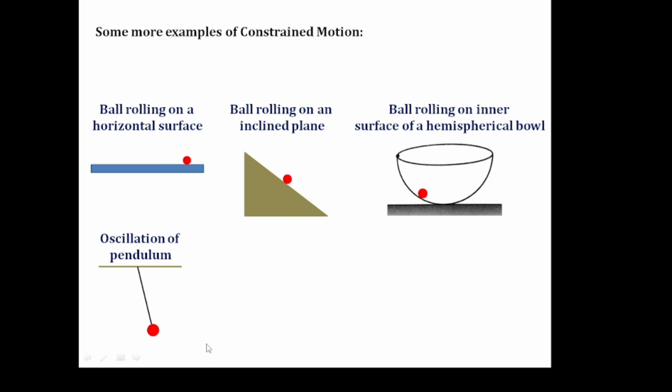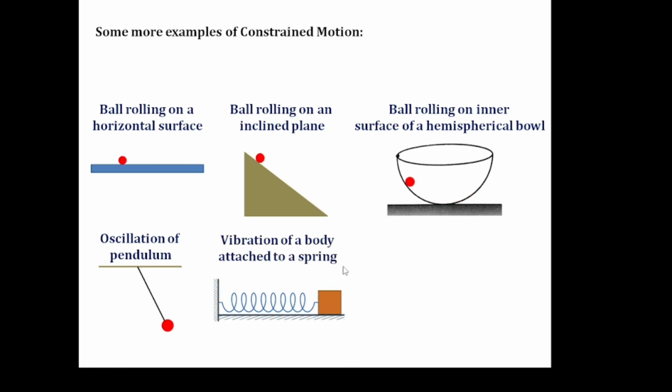Here, because of this string, the bob is moving in a particular direction. Here the string is the constraint and the motion of the bob is constrained motion. The tension is acting on this bob, and because of this tension the bob is forced to move along this particular direction.